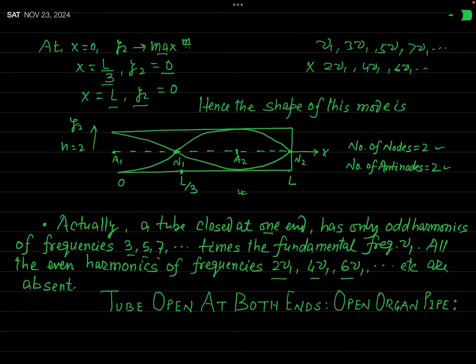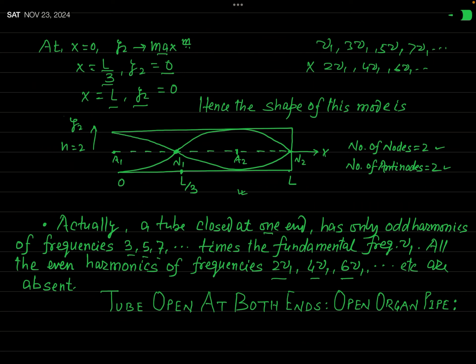Okay. So in this way, you can see how easily we can obtain the frequencies of vibration of the air column contained in a tube whose one end is closed. And I think definitely you have clearly understood all the calculations. Okay.